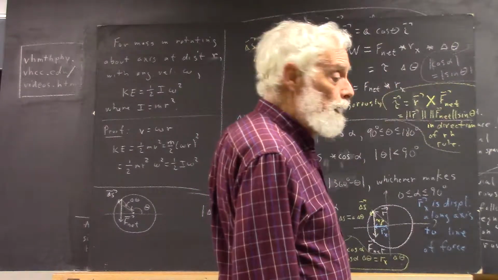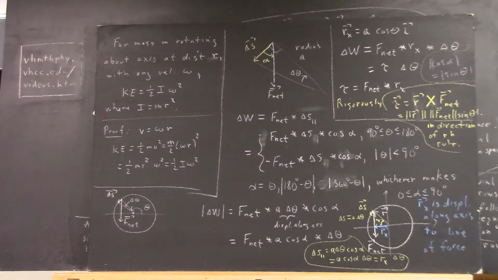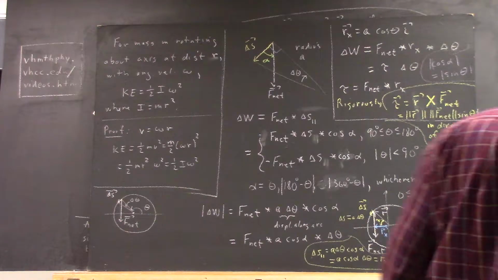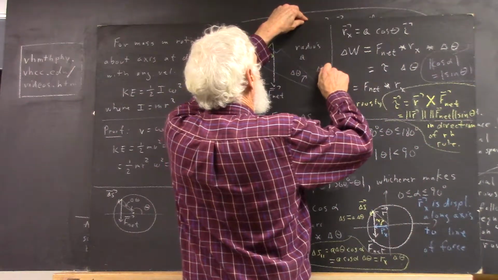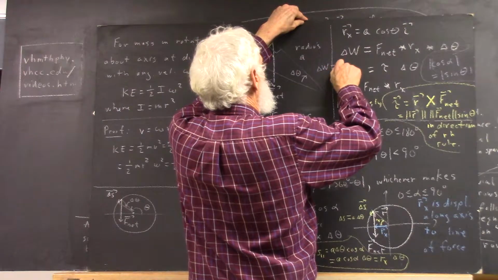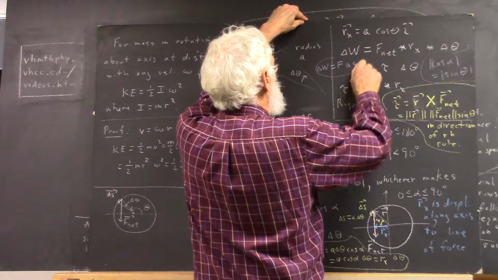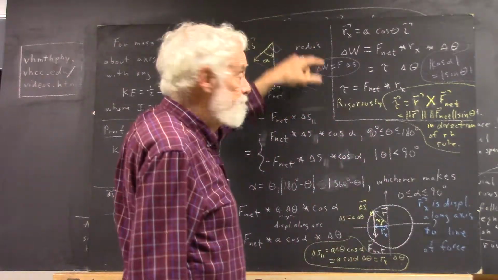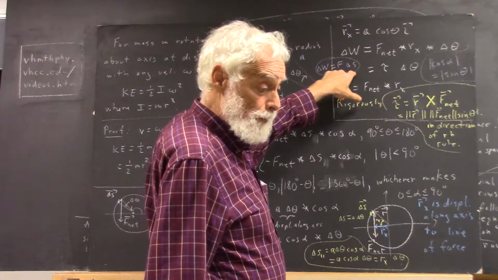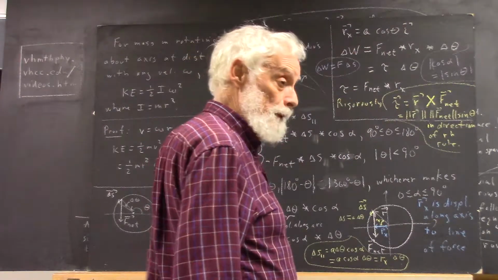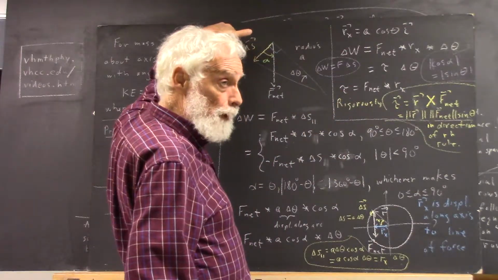Okay? Now, I kind of need to write down the analogy here with the one-dimensional analog that work is the product of force times displacement, assuming they're both along the same line. Obviously, we know what to do if they're not along the same line.